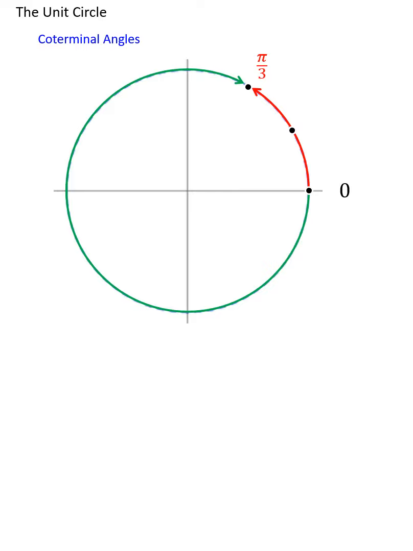Now, of course, there's not really such thing as a negative length, but for the purpose of trigonometry, mathematicians have decided to call this the terminal point for negative pi over 6, negative 2 pi over 6, negative 3 pi over 6, and so on.